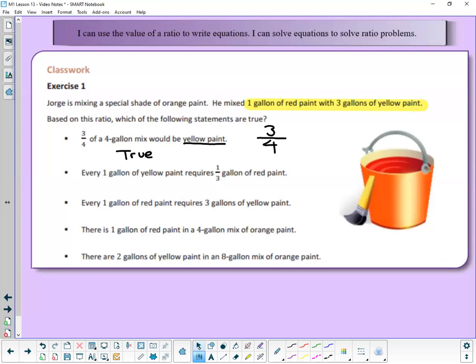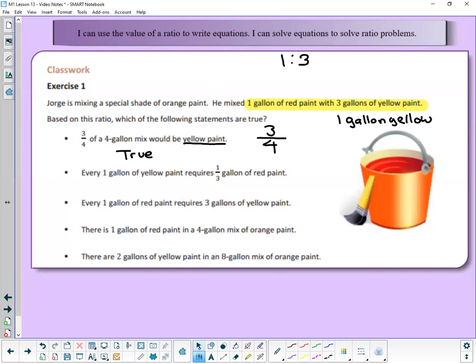The second one says every 1 gallon of yellow paint requires 1/3 gallon of red paint. So if I'm going to make 1 gallon of yellow paint, okay, so now look at what we're saying. We're saying we have 1 gallon of yellow. Well, I still need to keep that 1:3 ratio. Look at our ratio. Our ratio is 1:3.